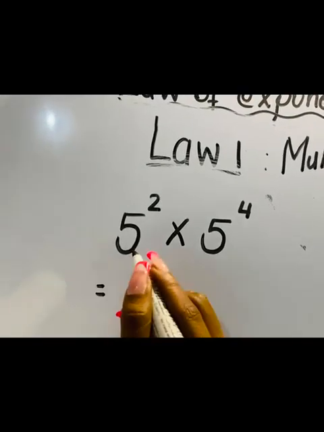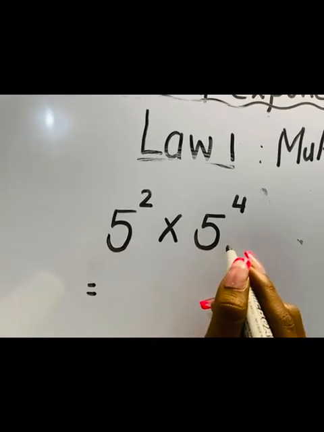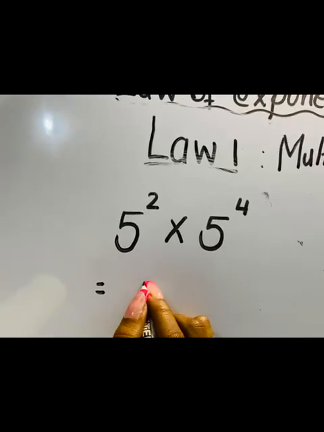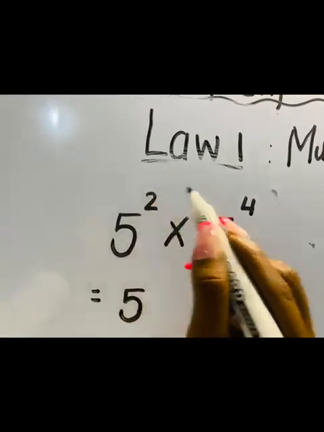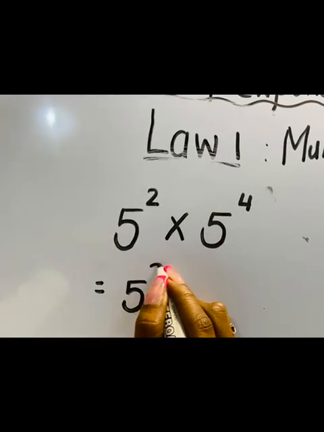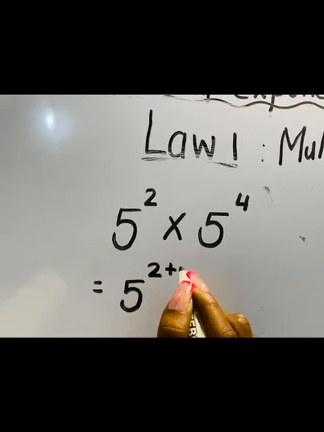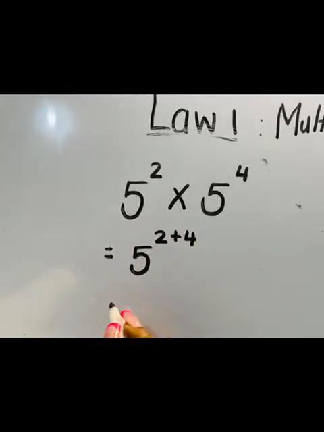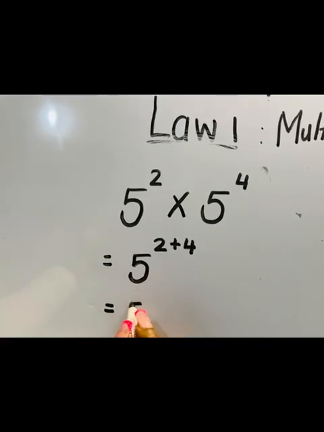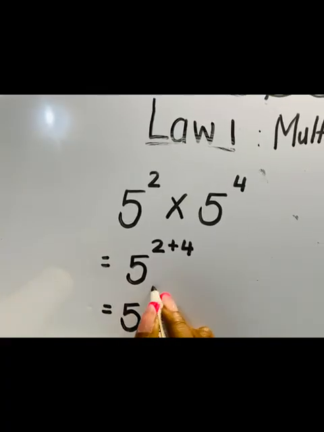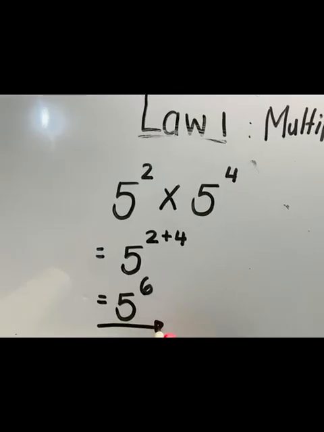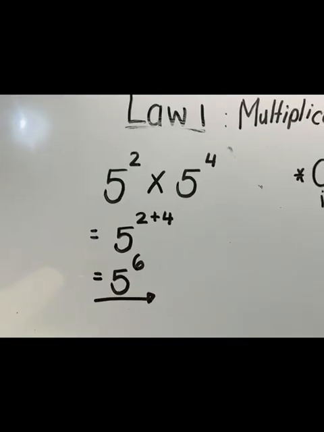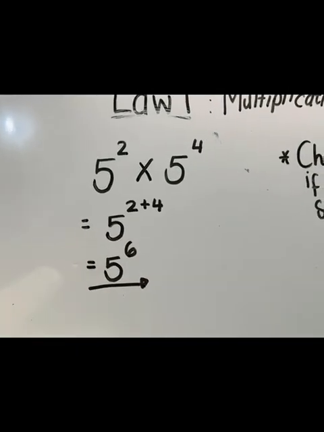So if we are multiplying bases that are the same, we keep the base. Then after keeping the base, we take our exponents and then we add them like that. So we have 5 to the power of 6. And you leave it in an exponential form. They're going to tell you to leave your answer in exponential form.